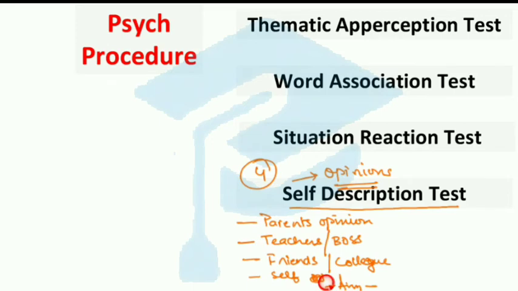Clear? Now, in totality, you will be writing these 5 paragraphs. And the total time given to you will be 15 minutes. So, in total, 15 minutes will be given to you to write about these.